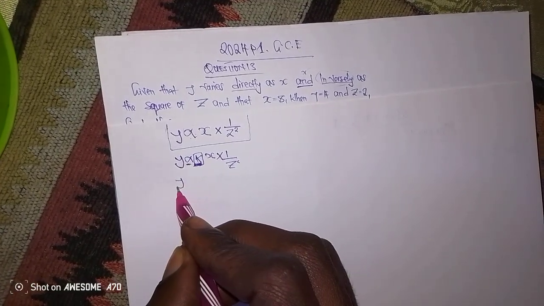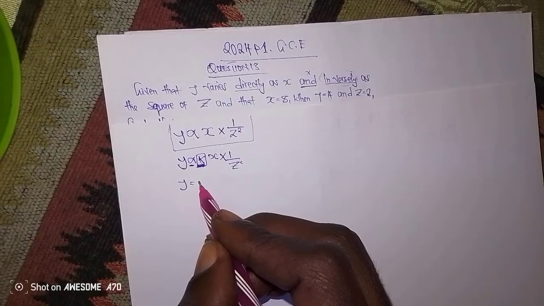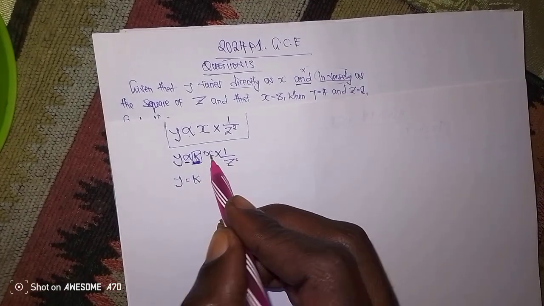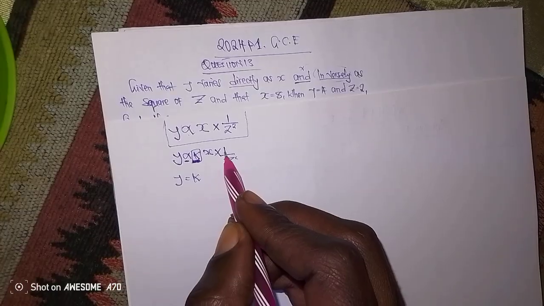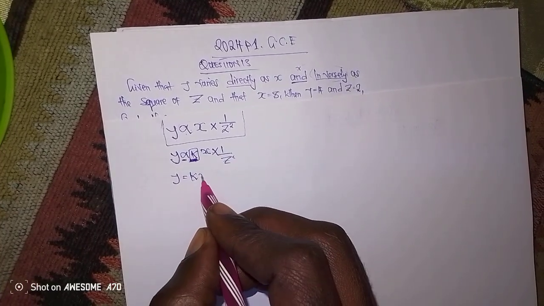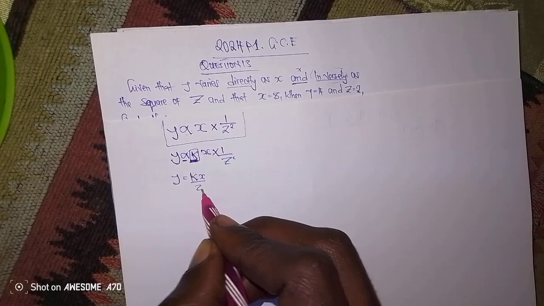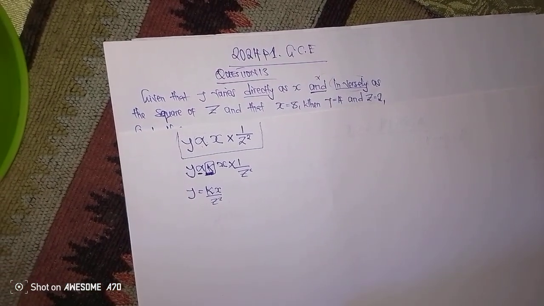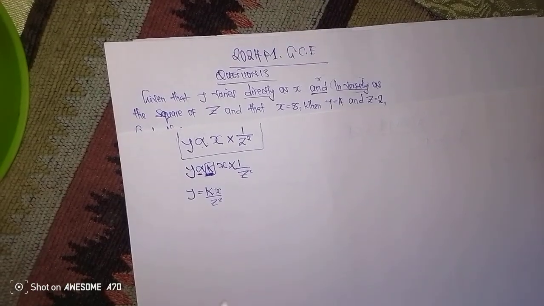You can put an equal sign so that you now begin solving. If you want, you can say x times 1, then multiplied by k, you're going to have kx over z squared, like that.